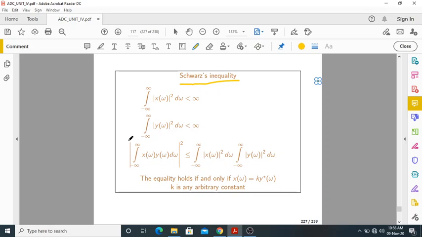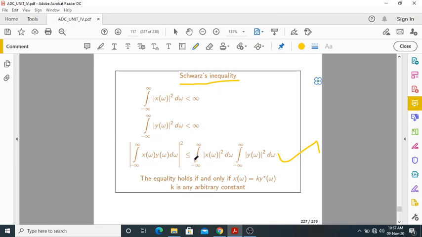But mod integration minus to plus infinity x of omega y of omega d omega whole square is less than or equal to the individual integrations: integration minus to plus infinity mod x of omega whole square d omega into integration minus to plus infinity mod y of omega whole square d omega. This is the inequality. You observe very carefully.